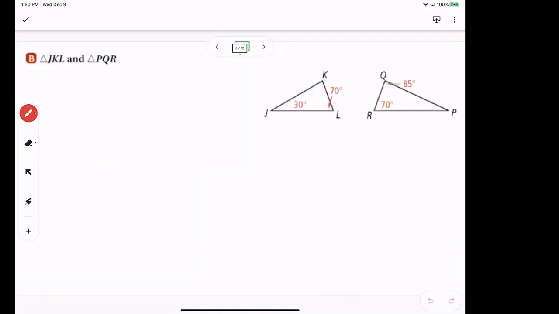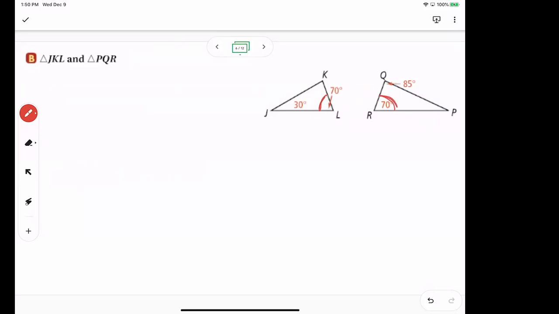Okay, we're going to look at the same thing. And here we know two angles of triangle JKL, and we know two angles of triangle PQR, but I don't see the same numbers there, so that's kind of weird. Okay, let's first say that this angle here, 70 degrees, must be congruent to this angle here because that's also 70.